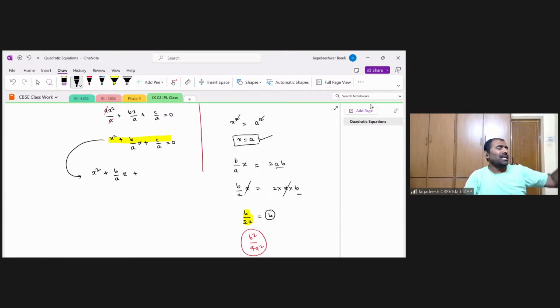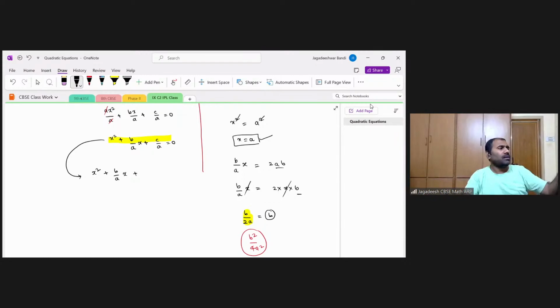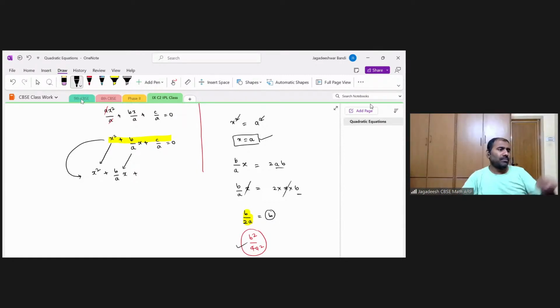Soumya, tell me, a square plus 2ab, after that what must we get? A square over plus 2ab over. I have just copied the same term here. B square, that b square we have already marked here, is not there in our step. That we will write here: b square by 4a square.